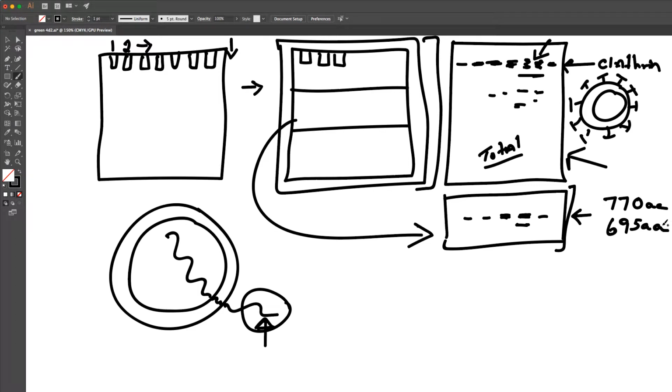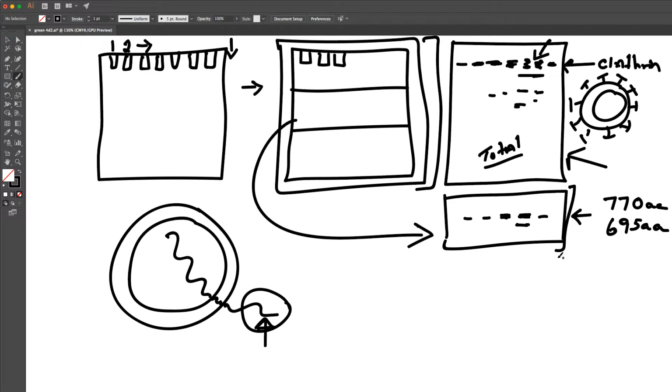So the point is that when you purify clathrin-coated vesicles, you can determine where the highest concentration of the vesicles are based on the fraction that has the most clathrin, and in this case, the fraction that has the most clathrin also has the most amyloid precursor protein.